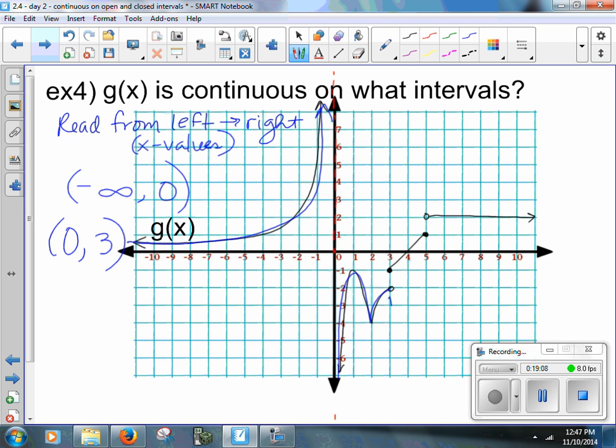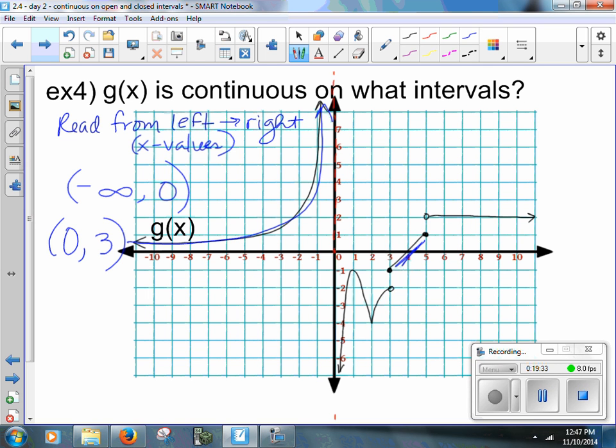No, it's not included. Remember, only if it's included do we get the square brackets. Okay? 0 to 3, do you agree with that one? Why did we have a parentheses beside 3? Because there's a hole there. It's not included.